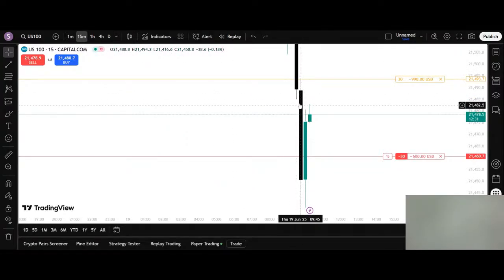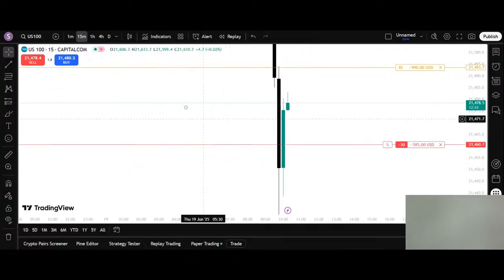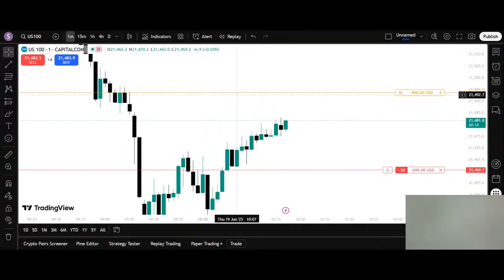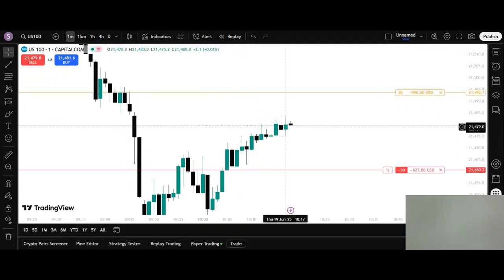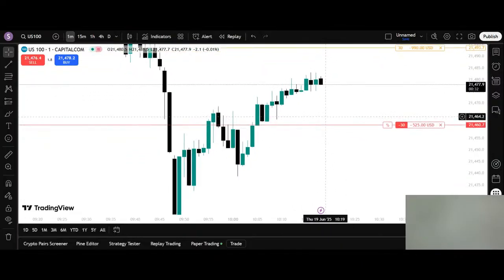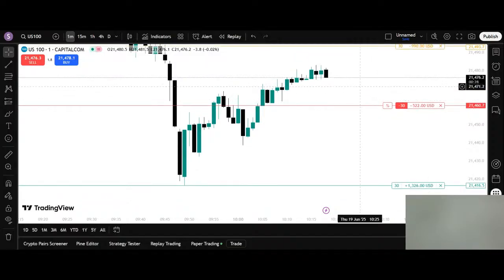It also tapped into the 15-minute bearish FVG right here. I want it to go down. The momentum.